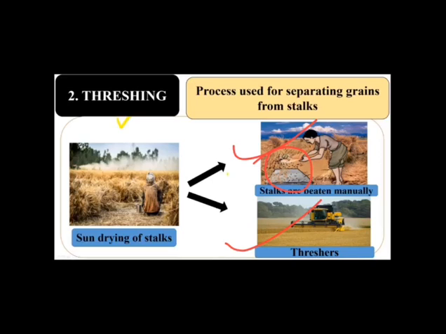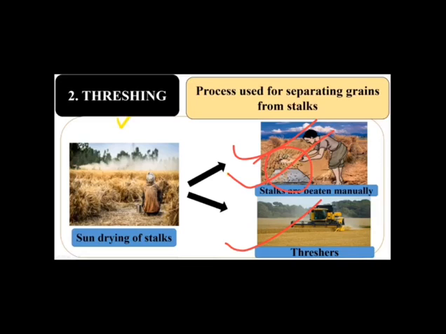Threshers are machines and can easily separate the grains from the stalk. Okay, so now I think you have understood this. Now let's move forward.